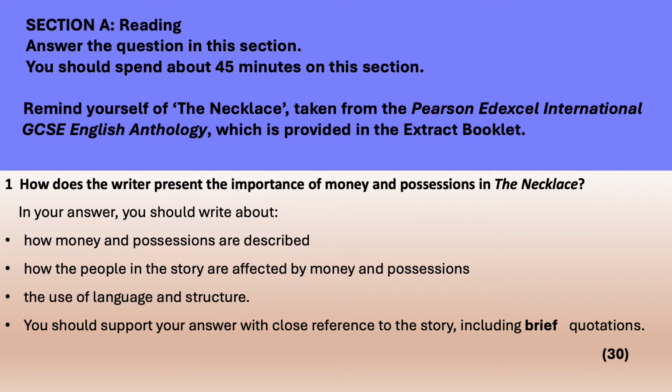So you need to analyze all the areas relevant to the rubric given in bullet points. They are how money and possessions are described, how the people in the story are affected by money and possessions, and finally the use of language and structure. So let's see how you need to approach the question.